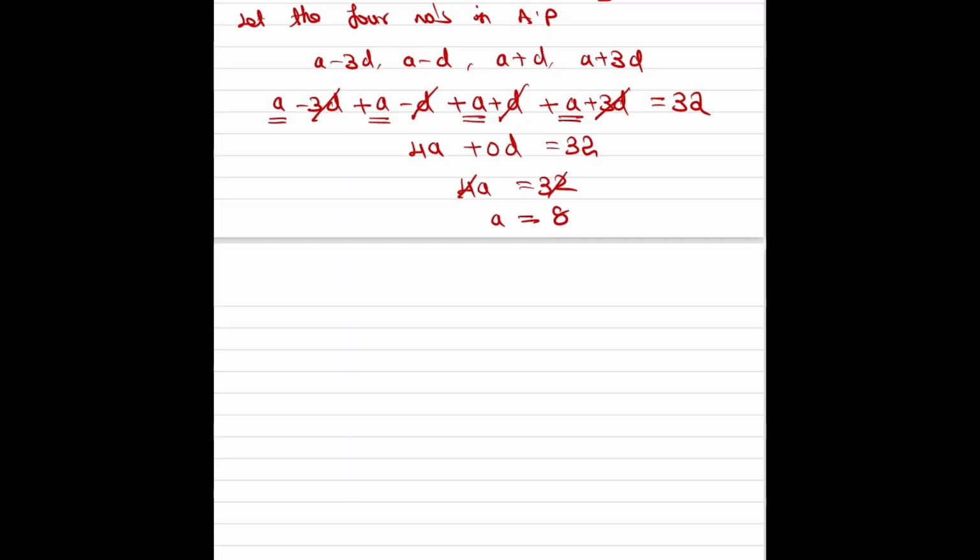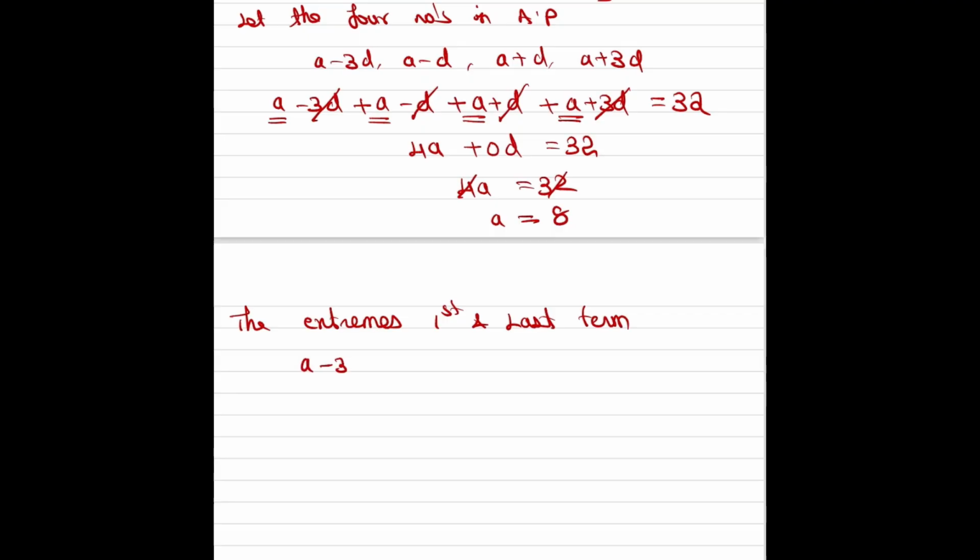A equal to 8. One more thing they said, the extremes. What is that, extreme? The extremes are the first and the last term. Extreme means the first and the last term. What is the first and the last term?